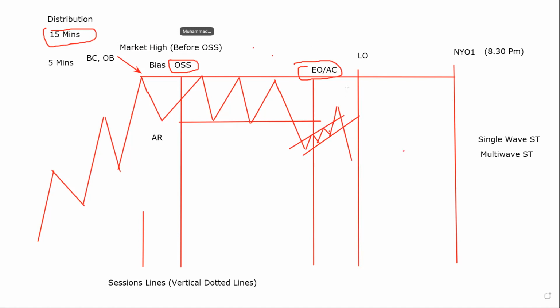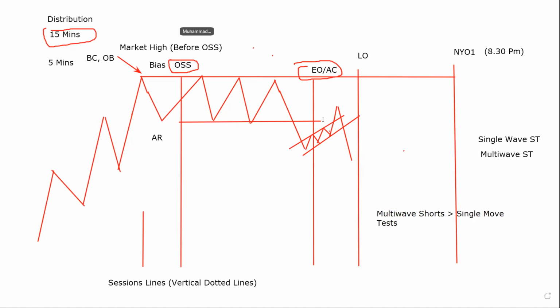So remember, the point here is that multi-wave shorts are greater than the single move test.